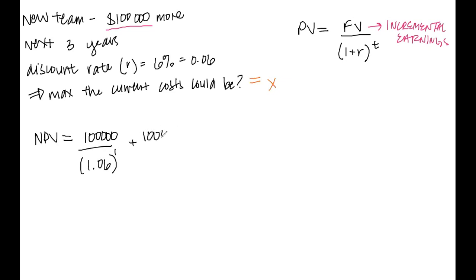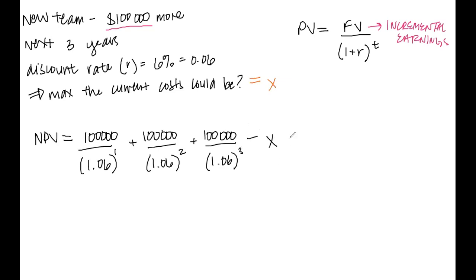Then we do the same exact thing for the other 2 years, raised to the second power and then the third power to represent the second and third years that this person is playing. And then we have to factor our x into the equation. Costs are negative, and since they're current costs, they don't need to be discounted, so we can just add it on as minus x.